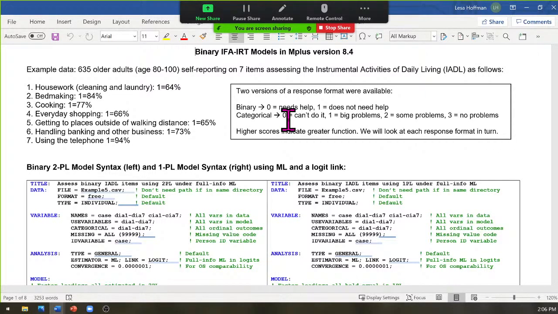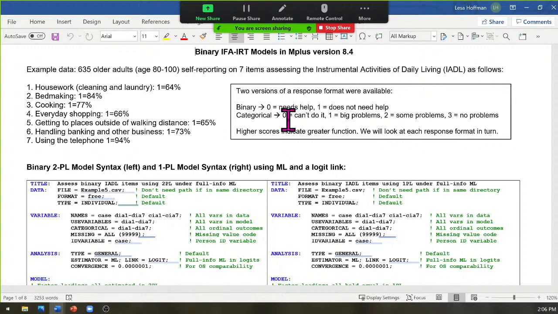So where we started, the very first models that we looked at for binary data, and this is sections 1 and 2, I believe, of the homework that you're working on. Homework 4, yes, homework 4, is asking you to fit full information maximum likelihood. So that's under analysis. It's the same setup under both tabs here.